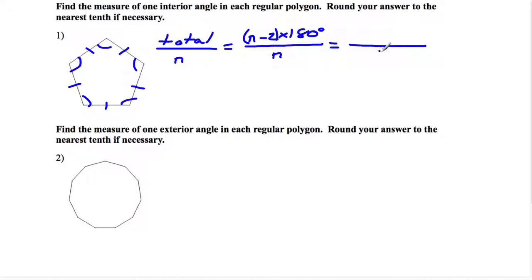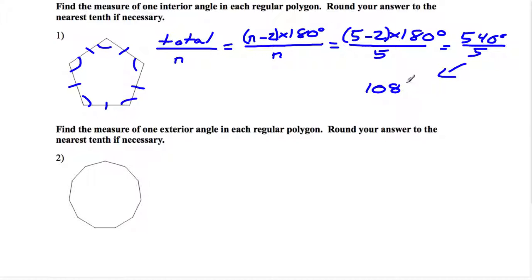So we are dividing by 5, and this n minus 2 is 5 minus 2 times 180 degrees. So this is going to be 3 times 180, which is 540. So we have 540 degrees divided by 5. 540 degrees divided by 5 is 108 degrees. And that is how much each measurement is worth.